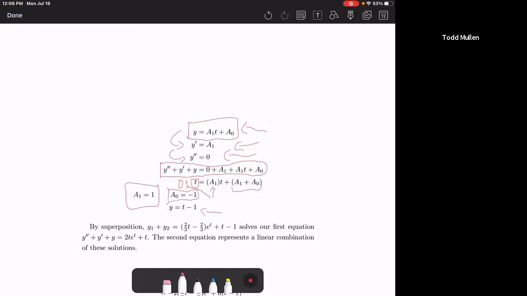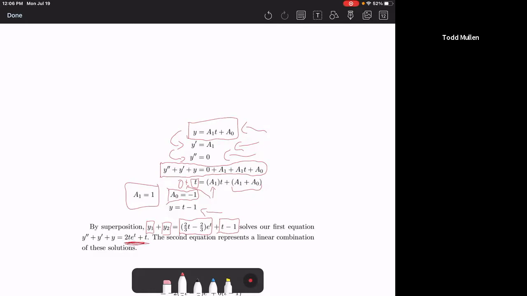Now that we have the solutions to these two much smaller, simpler problems, we're going to use our superposition principle. So we have that y1 plus y2 is just equal to these things that we solved for. 2 over 3t minus 2 over 3 times e to the t plus t minus 1. That is a solution to our first problem.